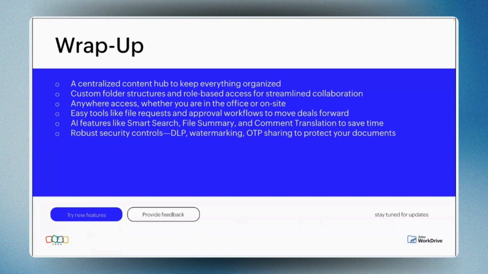On top of that, AI tools like file summary, smart search, and comment translation help you work faster and stay clear on the details. And finally, when it comes to security and compliance, features like DLP watermarking and OTP-based file sharing ensure your documents are always protected. With WorkDrive, you can work smarter, stay organized, and close deals faster without any content chaos.